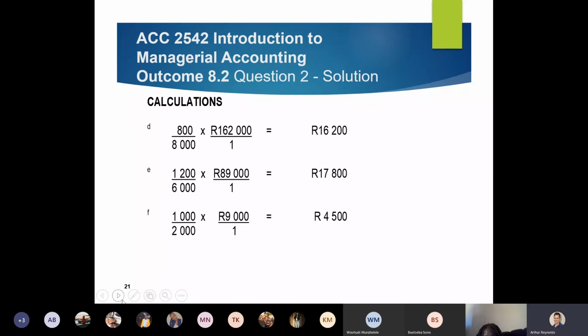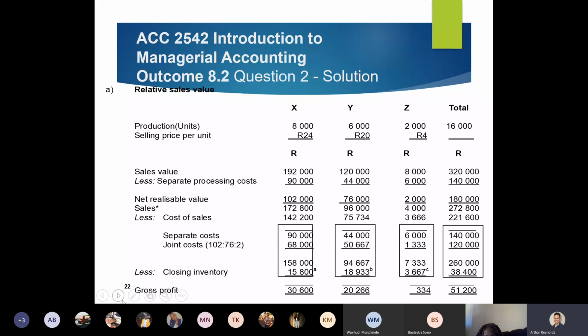Okay, so relative sales, this is actually net realizable value. So here you have to work out what is your total sales value less your separate processing costs. Remember, net realizable value is everything. The separate processing cost is everything after the split off point. So you take your sales value less your separate processing costs, and that becomes your net realizable value.